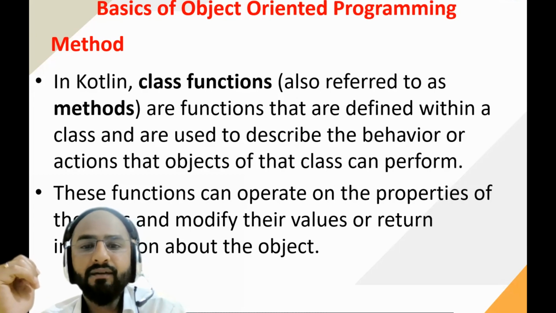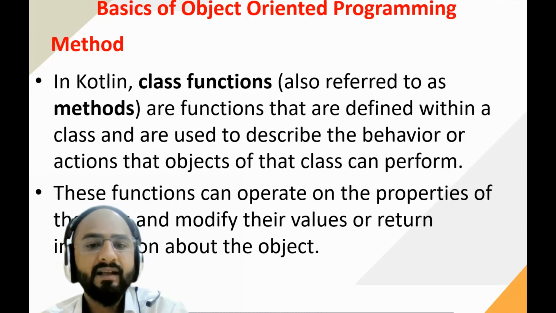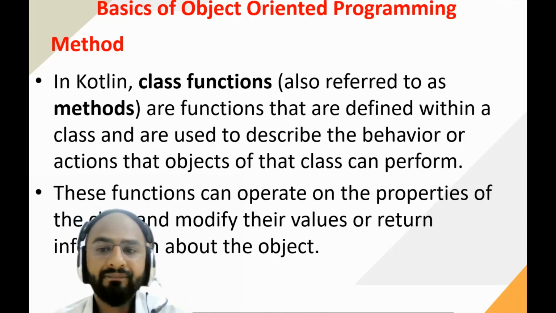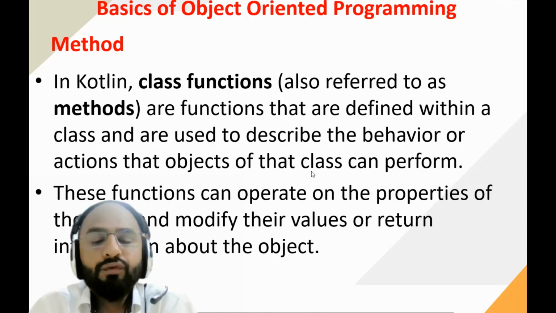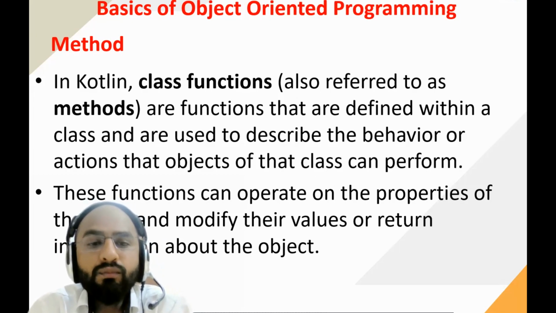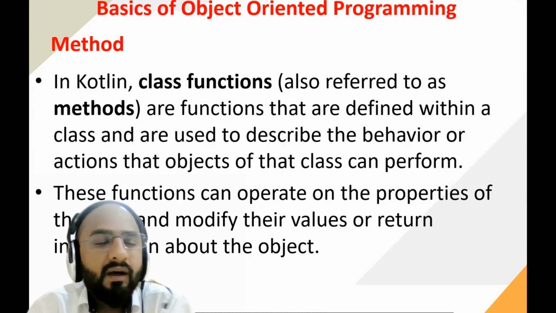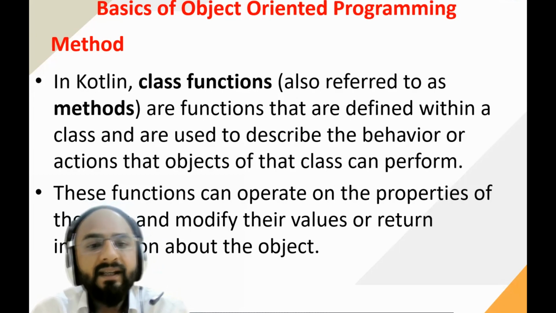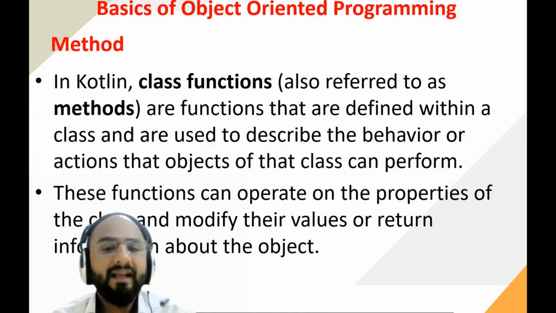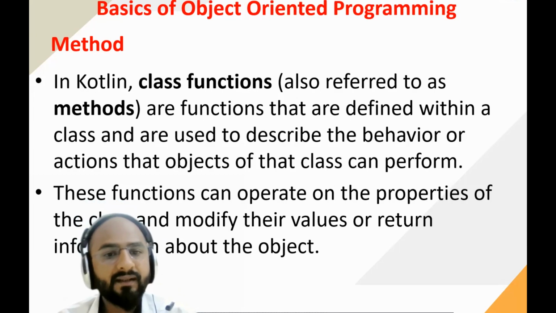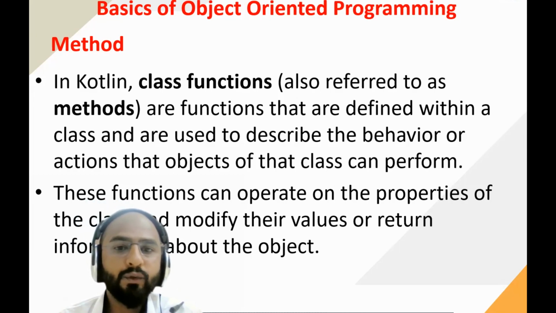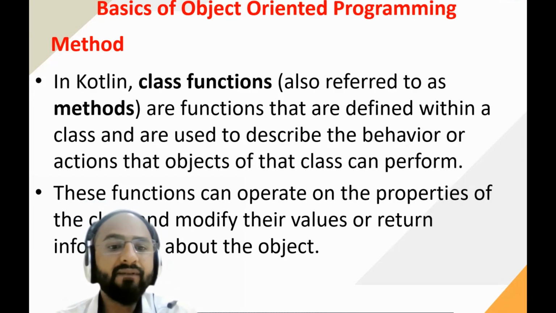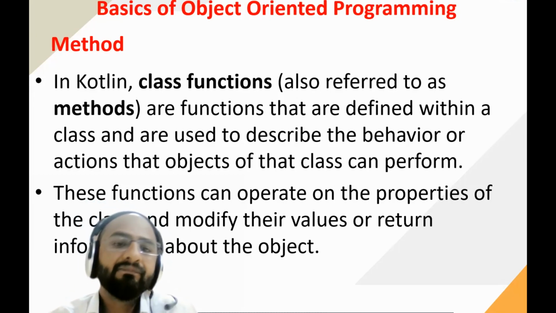When you have defined a method in a class and now you are creating an object of that class, by using that object and the dot operator you can call that method. And what is the method for? A method is used to describe the behavior and action of that particular class.